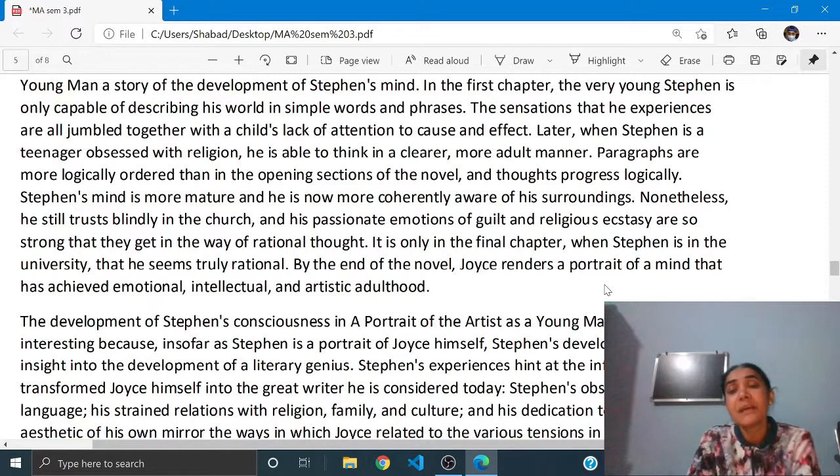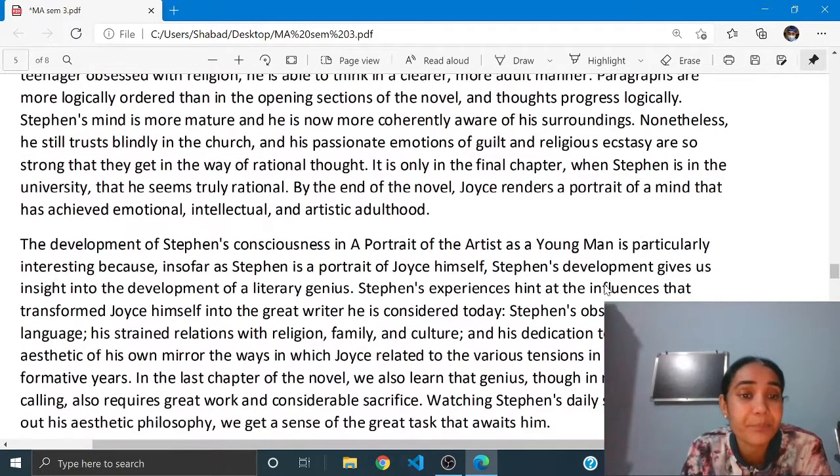In the final chapter, when Stephen is in the university, he is presented in a truly rational way. By the end of the novel, Joyce renders a portrait of a mind that has achieved emotional, intellectual, and artistic adulthood. So there is a complete development of all these aspects.